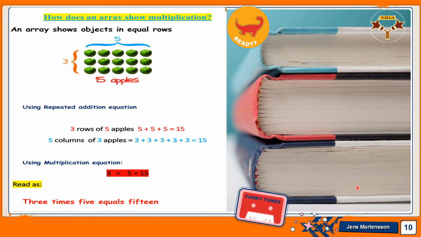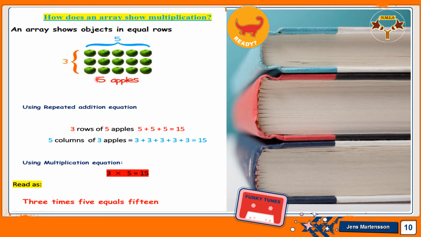So how does an array show multiplication? Do you remember in an array we have what? We have row and column. Yes. And a row is a sleeping line and a column is a standing up line. So here in this array we have 3 rows of 5 apples, and we can write it as an addition equation like 5 plus 5 plus 5.